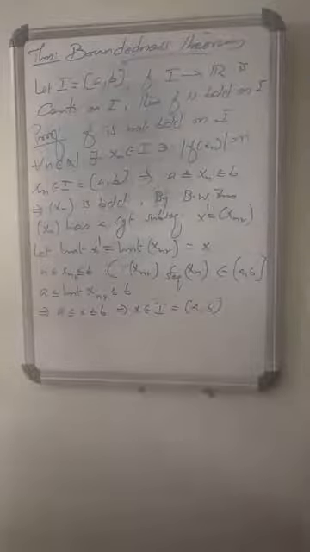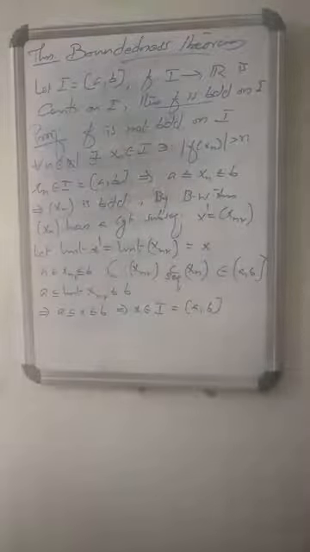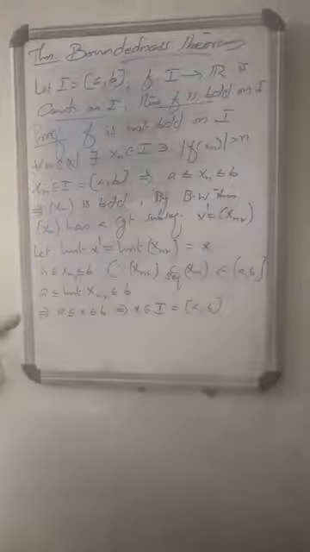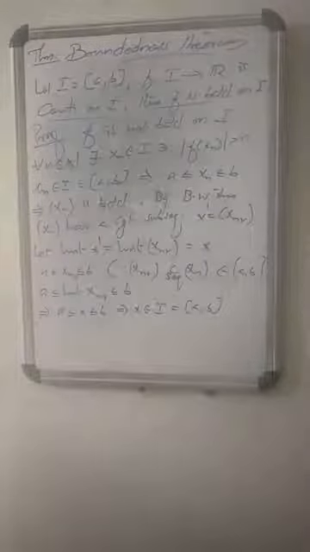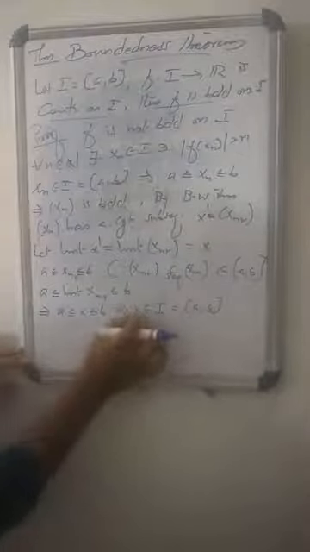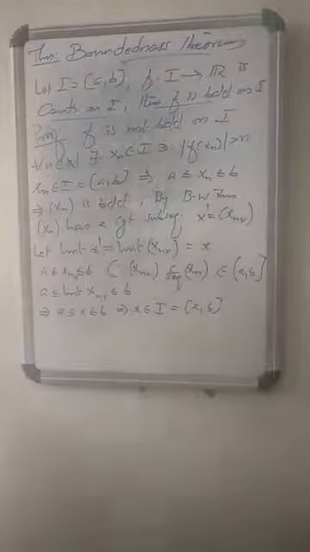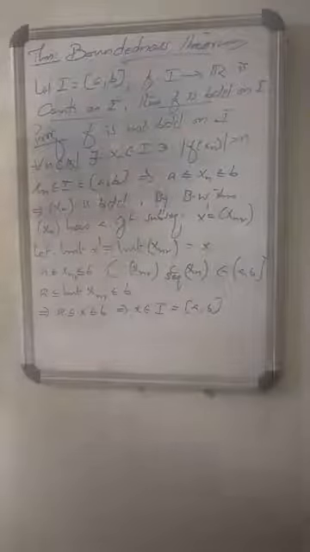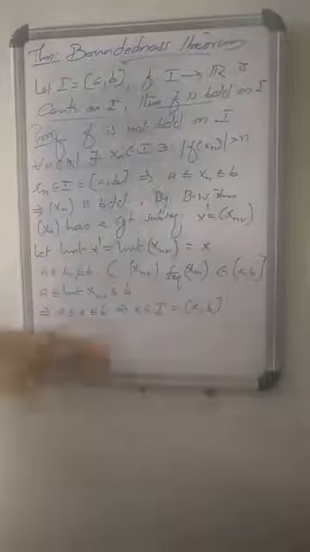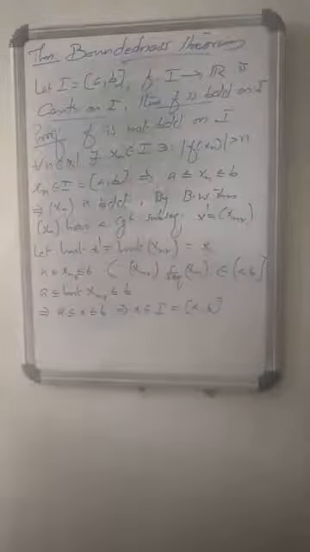Agreed. Now come to the speciality of f. What is f? f is continuous on I. Since f is continuous on I, f is continuous at every point of I, so f is continuous at a particular point of I, let it be x. Our hypothesis is that f is continuous on I. f is continuous on an interval means f is continuous at each and every point of that interval.